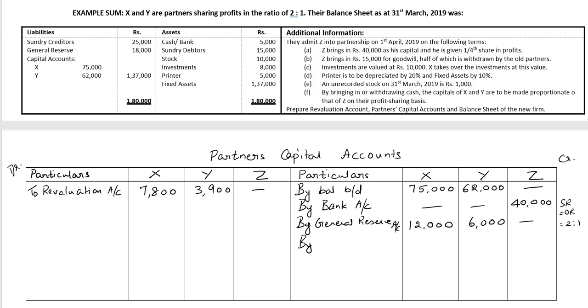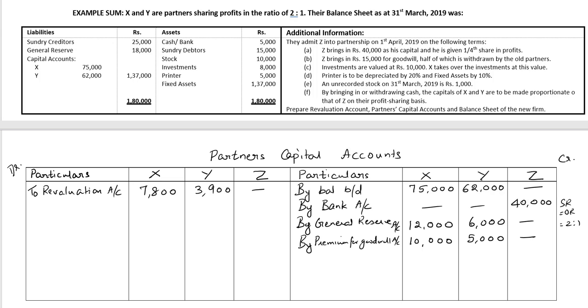So by premium for goodwill, $15,000 to be distributed in sacrificing ratio 2:1, 10,000 for X and 5,000 rupees against Y.